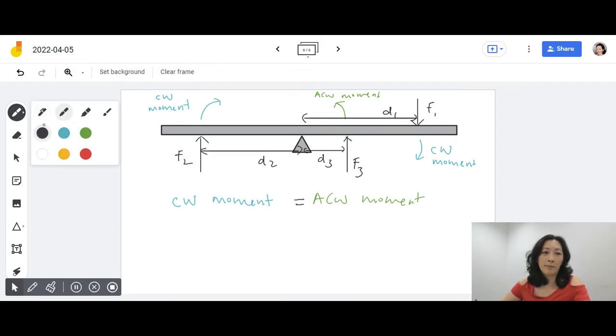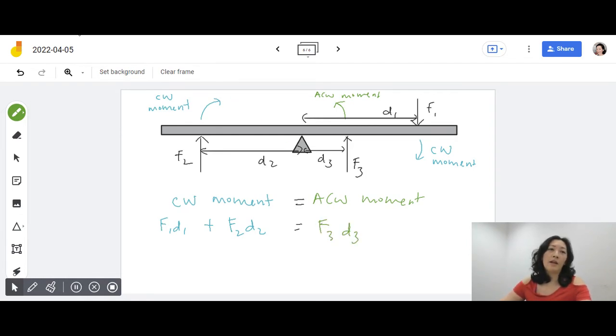The clockwise moments are two, so you have F1 times D1 plus F2 times D2. You calculate the moment for each and add them together. And then the anti-clockwise moment would be F3 times D3. So sometimes you have multiple moments like this, and what you do is multiply to get each moment, add the ones with the same turning direction, and set that equal to the total of the opposite turning direction.